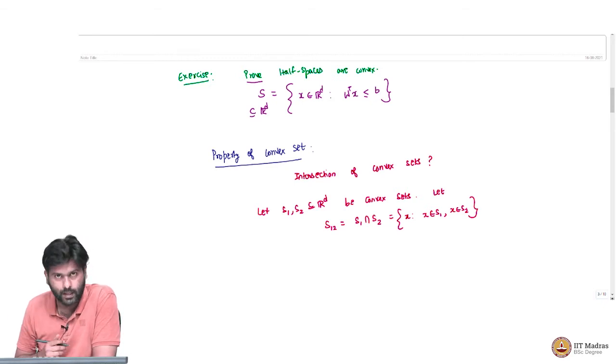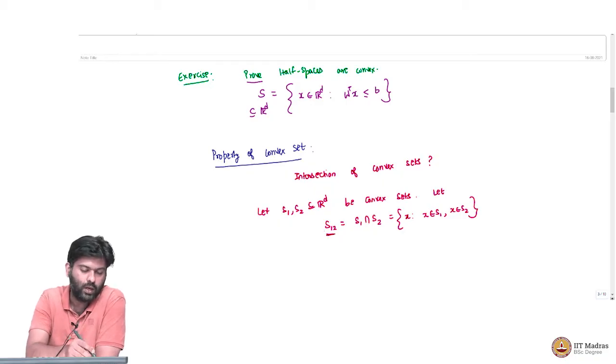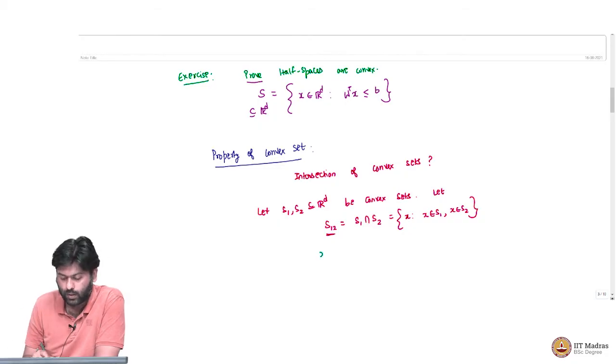Well, let us see. If I had to show S12 is convex, how would I go about doing that? Well, I have to pick some x1 and x2. Let us pick 2 points, x1 and x2 belonging to S12, and then I want to show lambda x1 plus (1 minus lambda) x2 should also belong to S12.